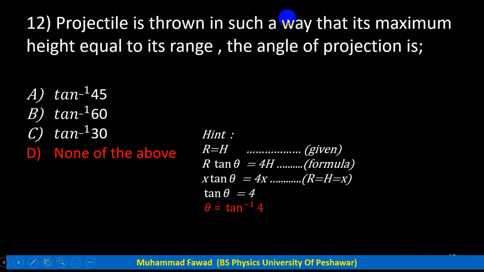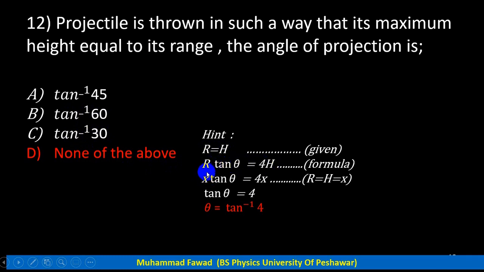A projectile is thrown in such a way that its maximum height is equal to its range. The angle of projection is tangent inverse 45, tangent inverse 60, tangent inverse 30, or none of the above. It is given that the range of the projectile and its maximum height are equal to each other, and we know the formula: tangent theta is equal to 4 times h over r.